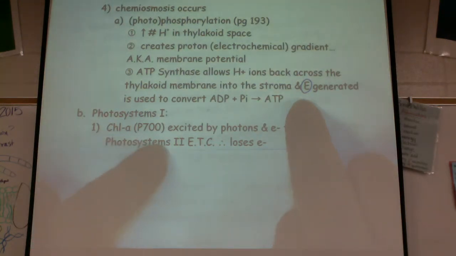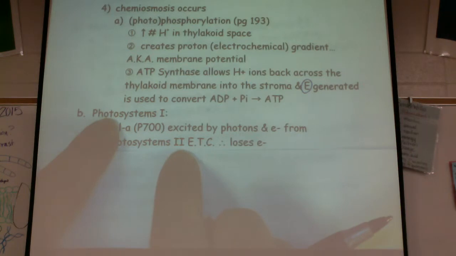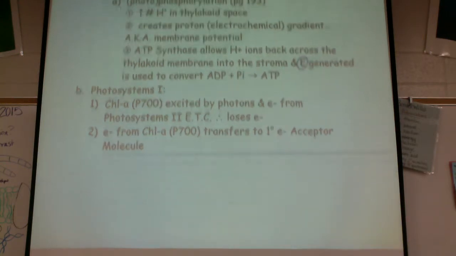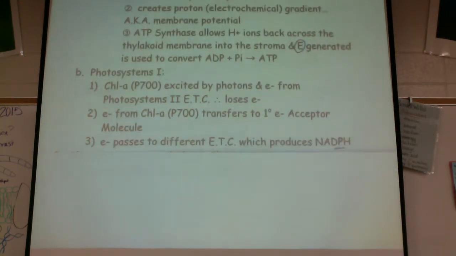It then gets pumped into photosystem 1, okay? And so chlorophyll A P700 gets doubly excited. But as with any pigment, when it gets excited, electrons pop off. Electrons transfer to a primary electron acceptor molecule just like before, and go into a different electron transport chain that produces NADPH.